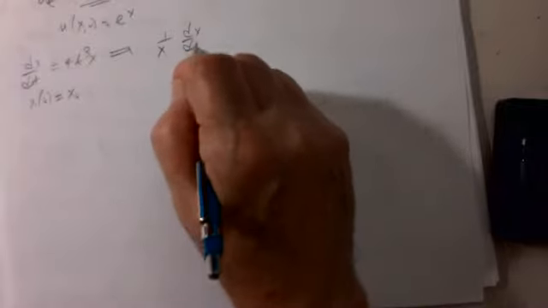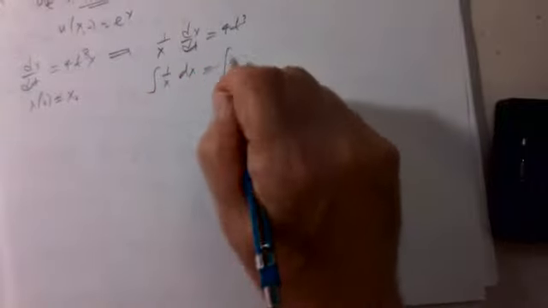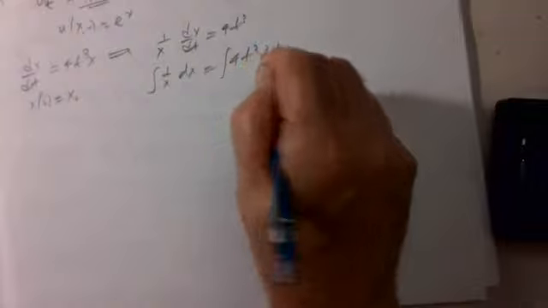So we look at this coordinate, and we want to solve the ordinary differential equation dx/dt equals 4t cubed x with some initial condition x of 0 is equal to x naught. So this equation is separable. You get 1 over x dx/dt is 4t cubed, or the integral of 1 over x dx is the integral of 4t cubed dt.